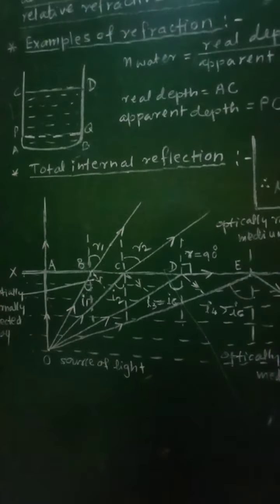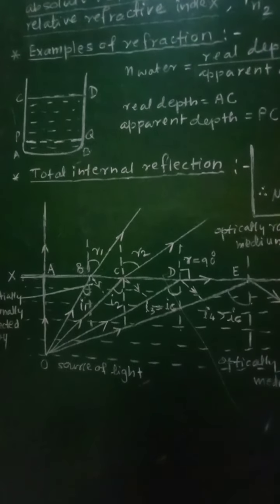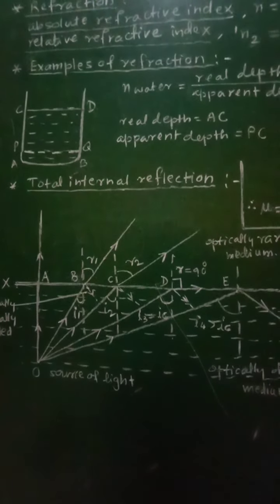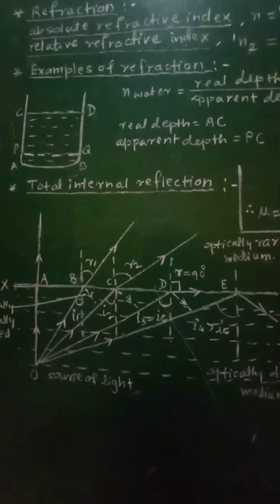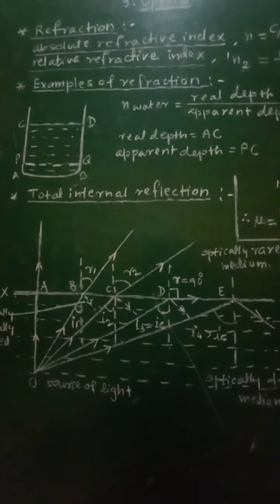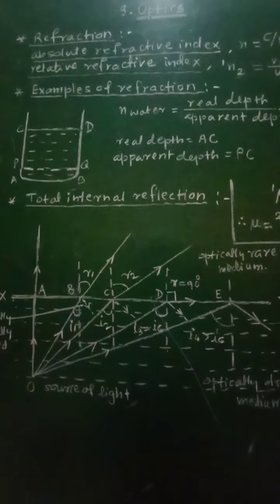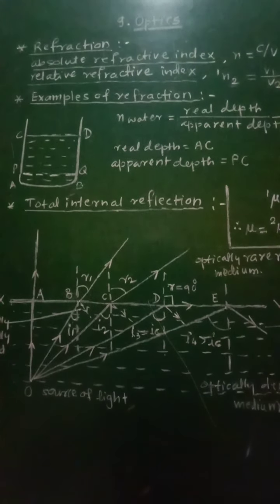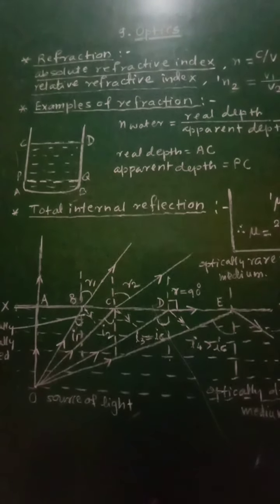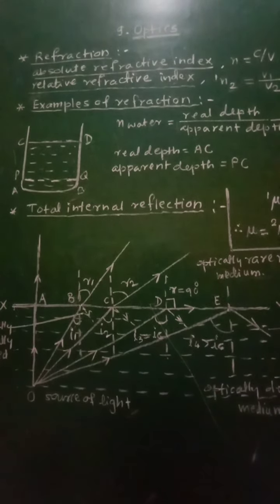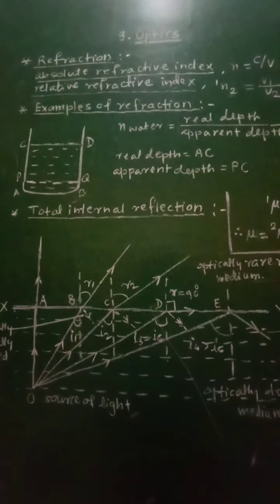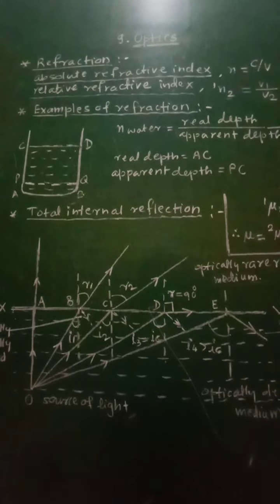The ray diagram shows refraction of light emerging from denser medium into the rarer medium for various angles of incidence. The angles of refraction in the rarer medium are larger than the corresponding angles of incidence in the denser medium. At a particular angle of incidence IC in the denser medium, the corresponding angle of refraction in the rarer medium is 90 degrees.